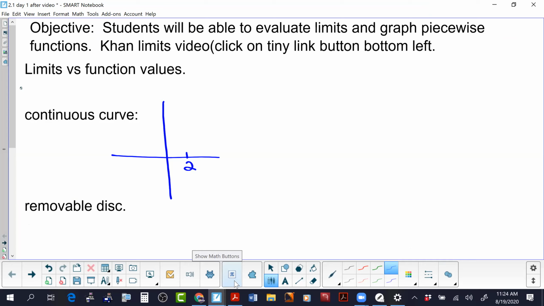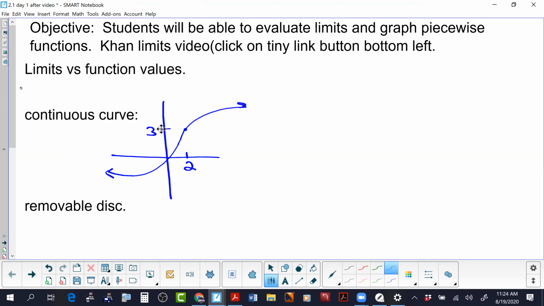What about a continuous curve? What if our curve just went to here, to this point, and to this point right there? If I said, prove that this function is continuous at the point (2, 3), you can't just point to it and go, well, see, there's a point there.